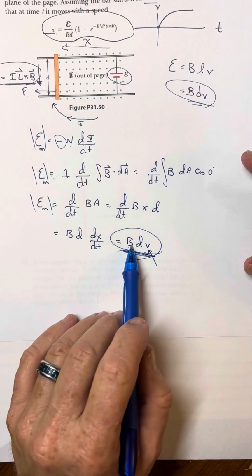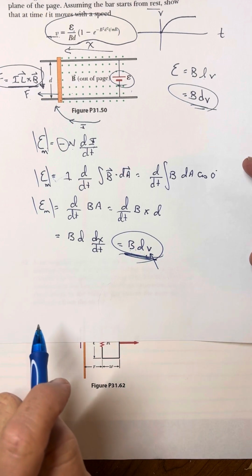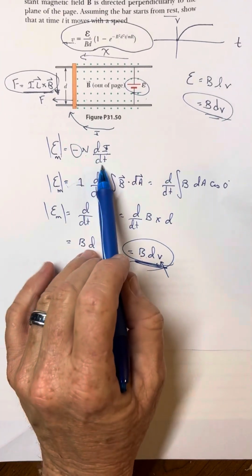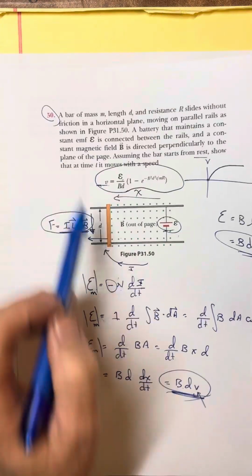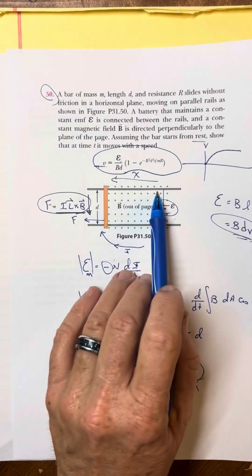But I'll start from scratch. And you can see then that basically I'm going to end up doing the same thing for the motion EMF, and we kind of did that at the start of 50. This one we had a rectangle moving in a uniform field.